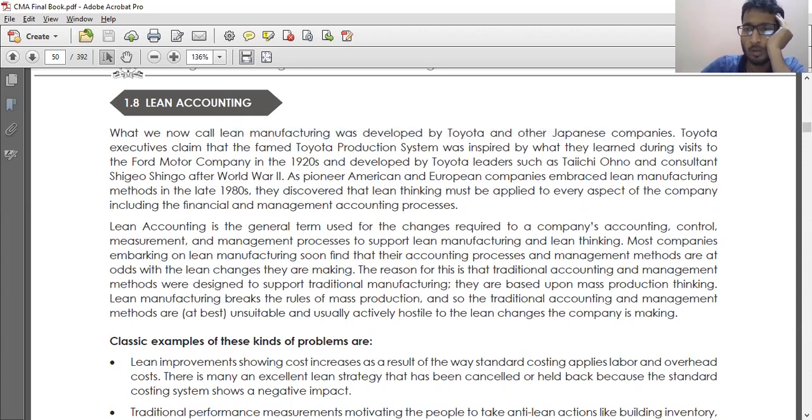If you forgot, just go through the previous lectures, where I explained how Toyota implemented lean accounting, along with the example of Ford.